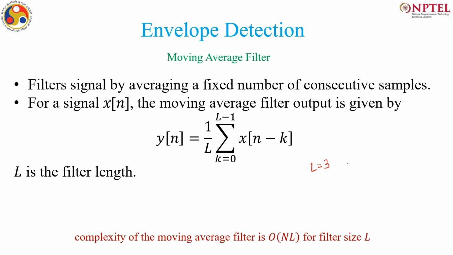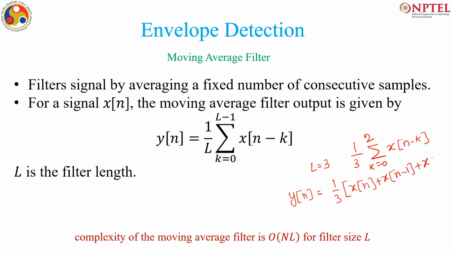In this case my formula will be 1 by 3 summation k equals 0 to 2 x of n minus k. So, typically if I expand this, y of n is nothing but 1 by 3 times x of n plus x of n minus 1 plus x of n minus 2.